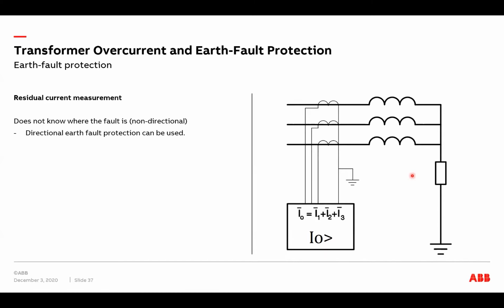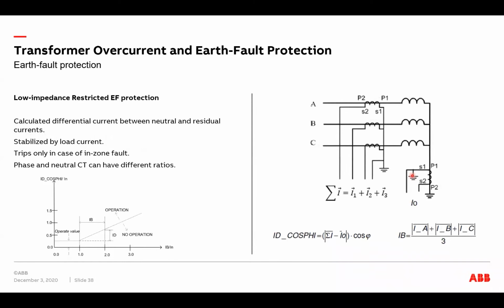So of course we can then utilize directional earth fault protection here, but generally directional earth fault protection is also then slower than a differential protection. So a better option is then to use the restricted earth fault protection.